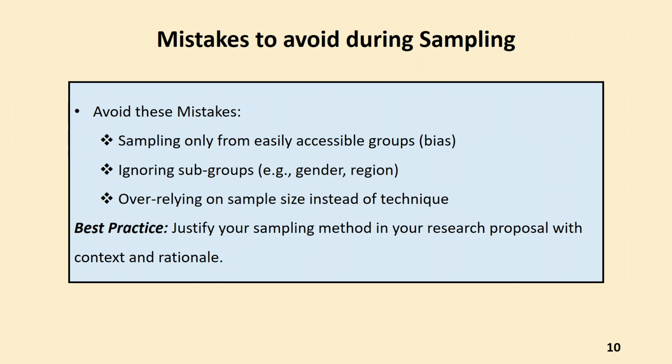Best practice: justify your sampling method in your research proposal with context and rationale. This is very important. Keep in mind and make a note of it that whenever you write your sampling process in a research proposal, look into these two aspects: your sampling method should be contextual, related to your topic, your objective, and the demand of your study.